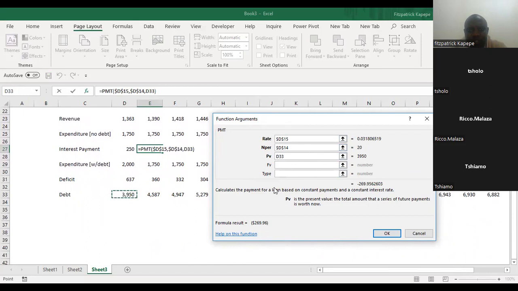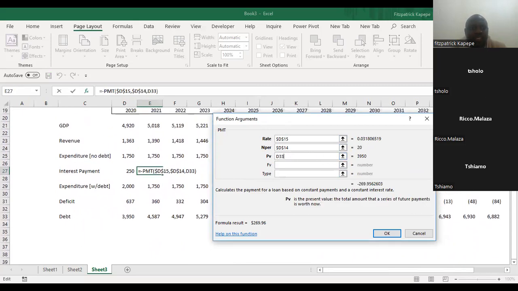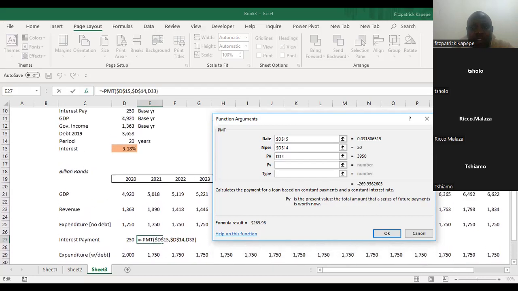So I'll say minus there. So these are the interest payments. We have the interest rate that we have already computed, which is 3.18 coming in there, because we want to find the principal payment. The PMT, that is a combination of interest and principal. They just made a mistake. It's not supposed to be interest payment going forward. It is debt servicing. So you have the rate, which is that, number of periods, which is 20, the present value, which is at 950.